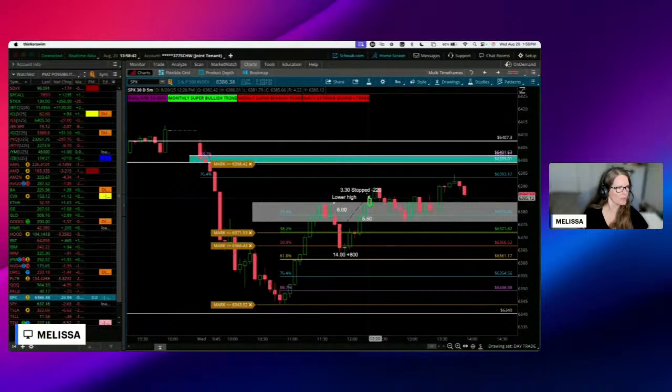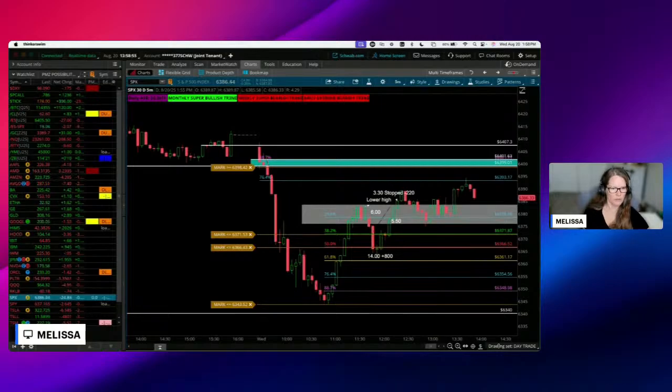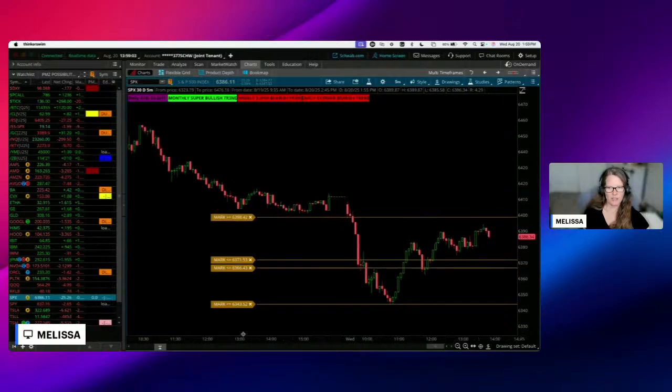Alan asked, would the open be resistance for today on SPX? Absolutely. So if you look, Alan, let's just keep it on this 5-minute chart. I don't want to erase what I have written here. So let's look at the price action yesterday on SPX.